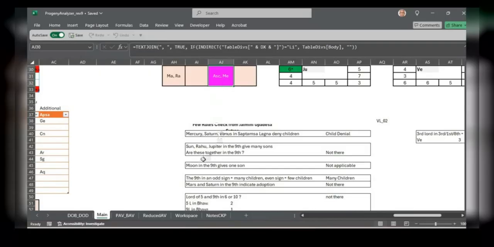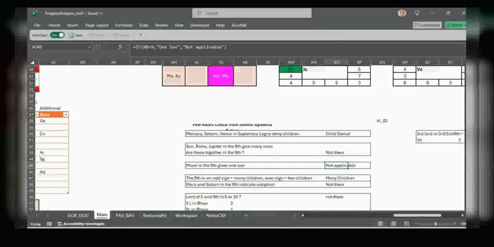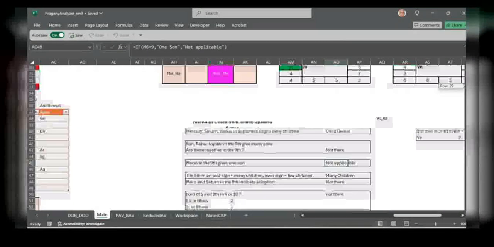Some aspects are there. Sun, Rahu, Jupiter in the 9th give many sons, it says. I am checking whether these are really there in this chart. It's not there, so there is no question of more children. Moon in the 9th gives only one son. It is not applicable here. Similarly, all these rules.